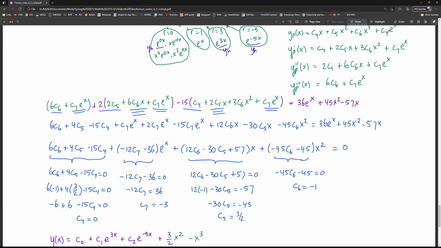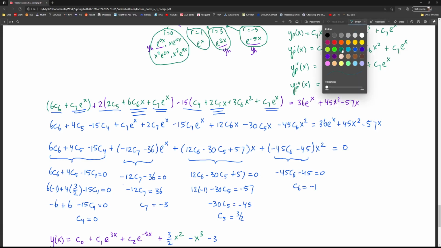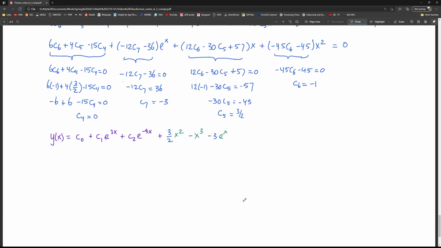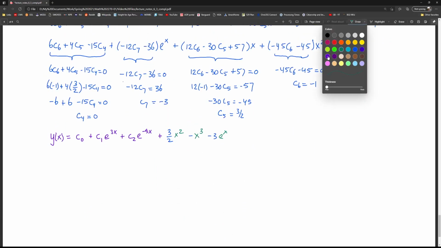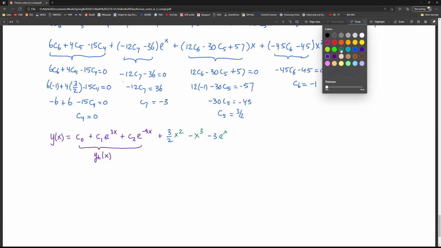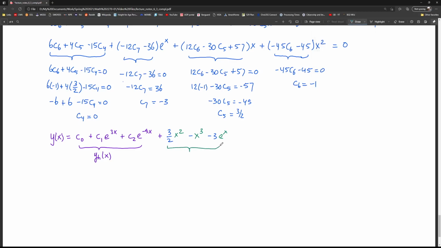And then c7, that was equal to negative 3, minus 3, and then e to the power x. And that is my general solution. And so again, that general solution consists of yh of x, and that consists of yp of x.